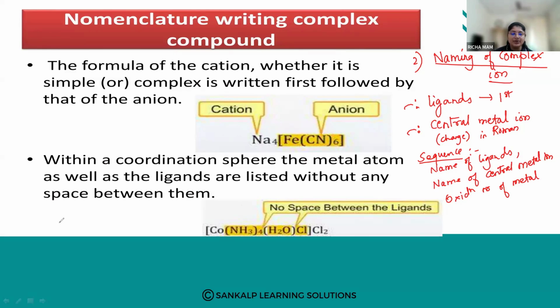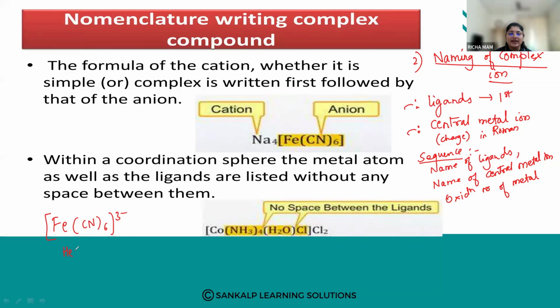Let me give you an example. Now you have to tell me. After applying these two rules, how are you going to write this name? Tell me the name. First will be the name of the ligand. How many cyano groups are there? There are 6.